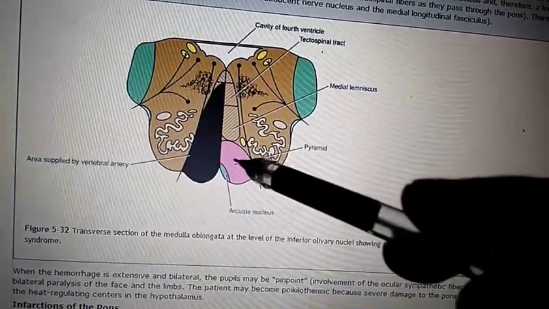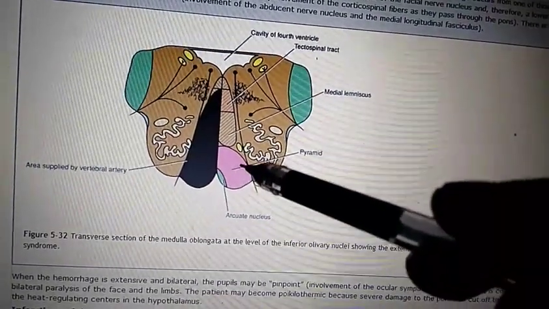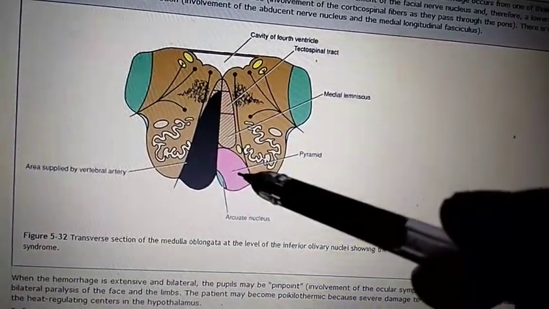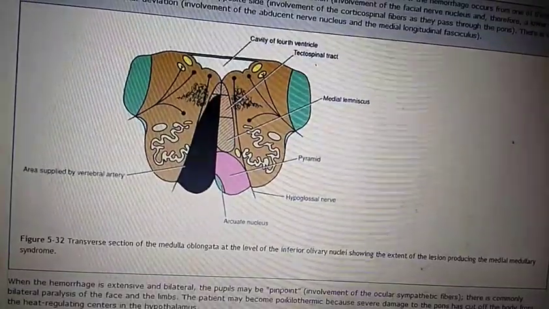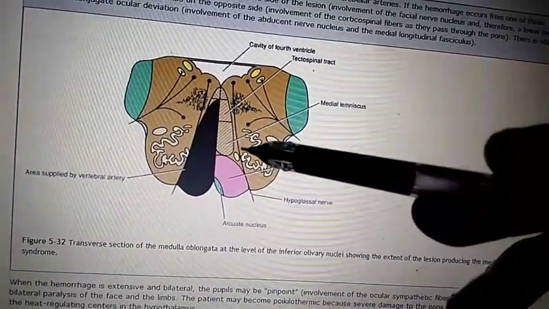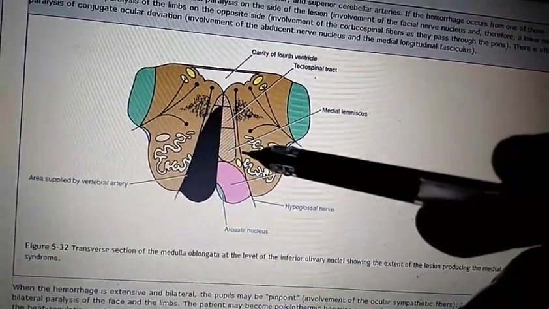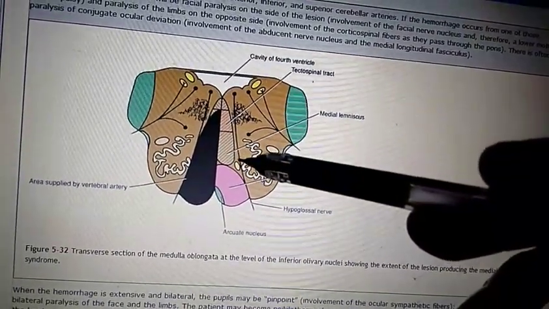Damage to pyramid will lead to contralateral hemiplegia or paralysis of arm and legs. Damage to hypoglossal nerve leads to ipsilateral paralysis and atrophy of half of the tongue.